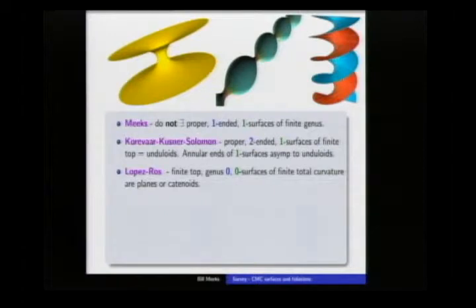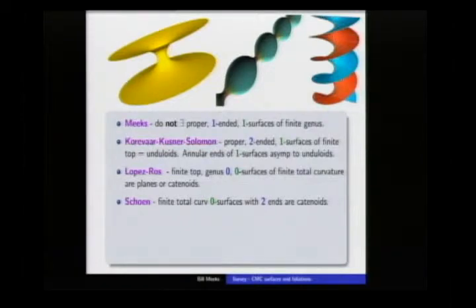We proved a version of this, but only if you have 3, 4, 5, or 6 ends, I think. Or maybe 3, 4, and 5. So you take a sphere, you remove 4 points from it, it does not appear as a complete embedded minimal surface in R3 of finite total curvature. But then they have this very general proof that works for any number of ends. Our proof didn't work for 6 ends.